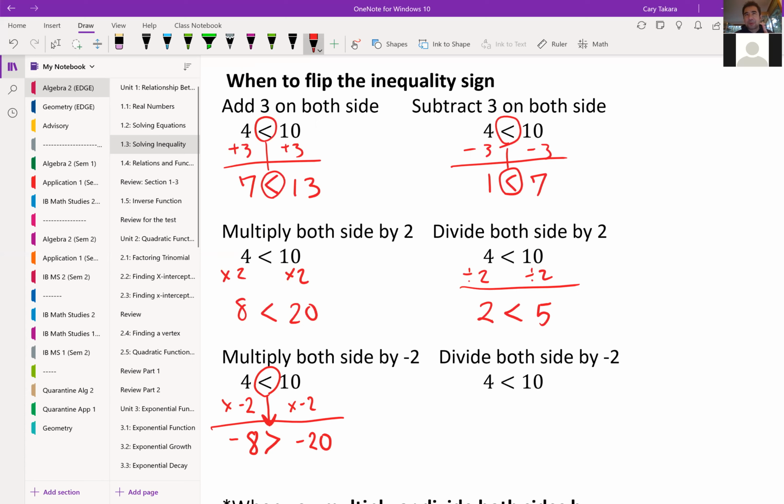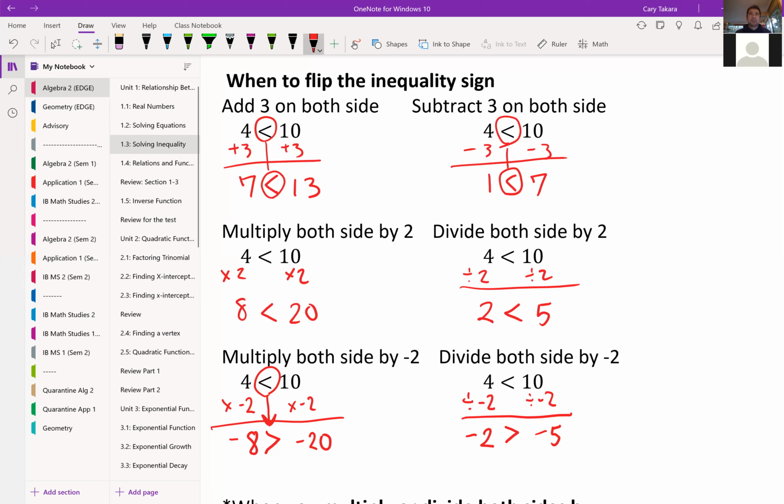The same thing happens when dividing by a negative number. If I divide both sides by negative 2, 4 divided by negative 2 is negative 2, and 10 divided by negative 2 is negative 5. Now, which side is bigger? Negative 2 is bigger. Now the left side is bigger than the right side.